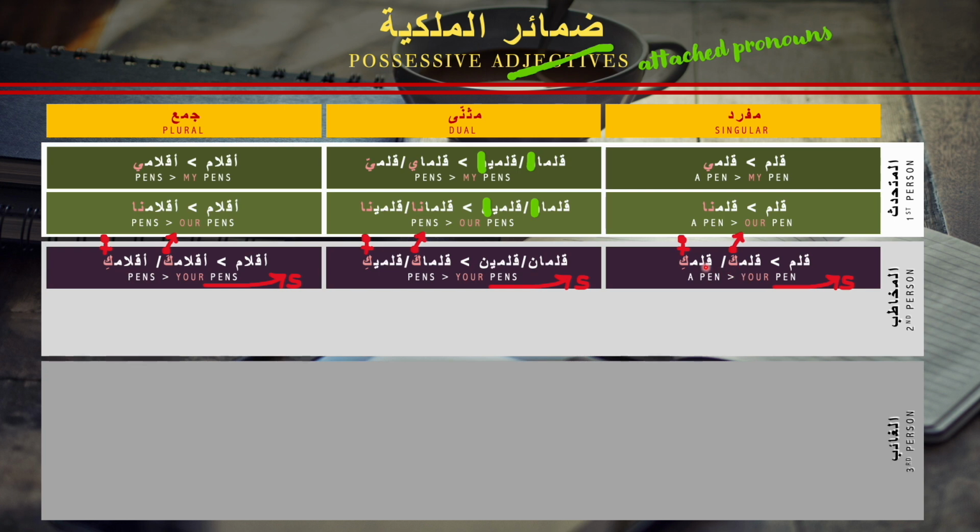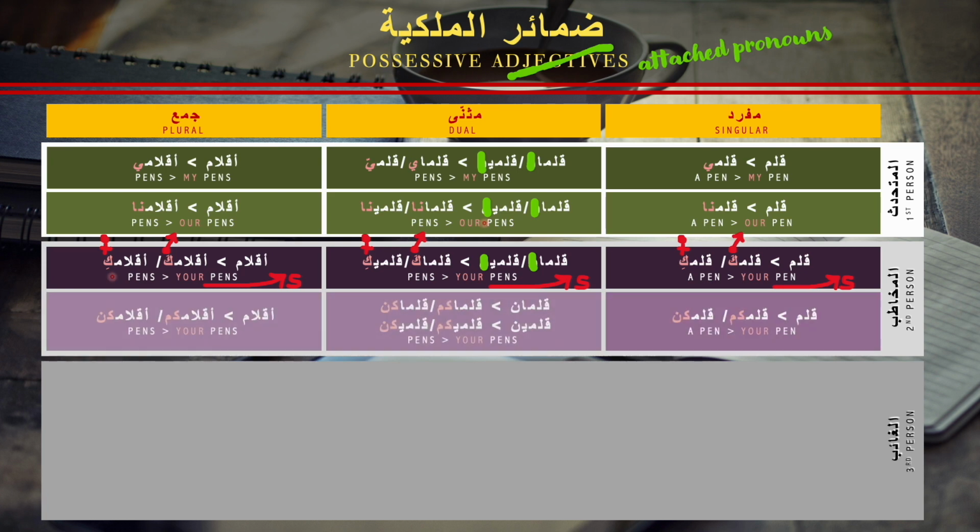Your pen, قلمك, قلماك or قلميك, قلماكي, قلميكي for the feminine, أقلامك. Then for your as a plural, قلمكم, قلمكن. For dual pen and plural your, قلماكم, قلميكم, قلماكن, قلميكن, and finally أقلامكم, أقلامكن.